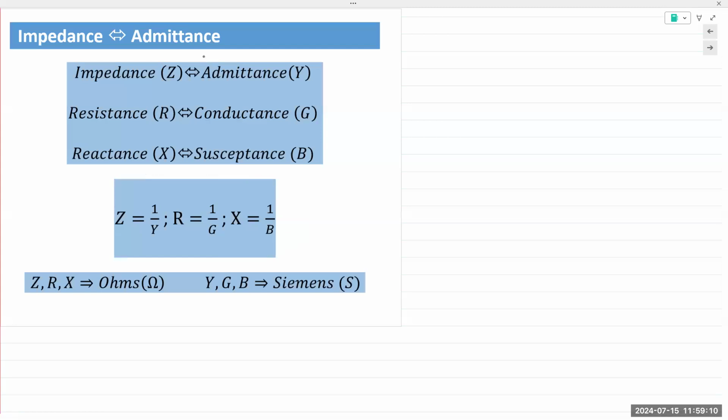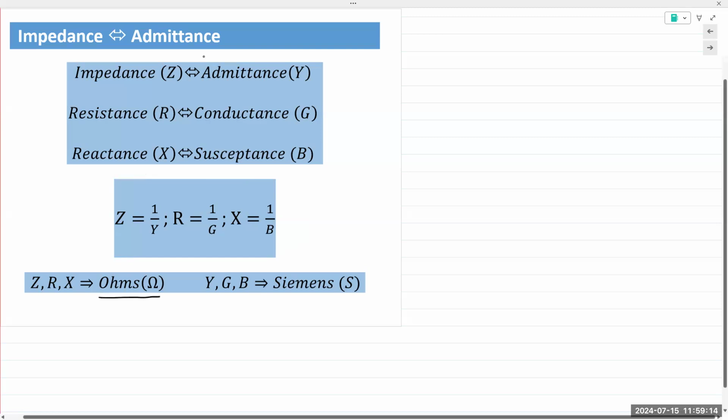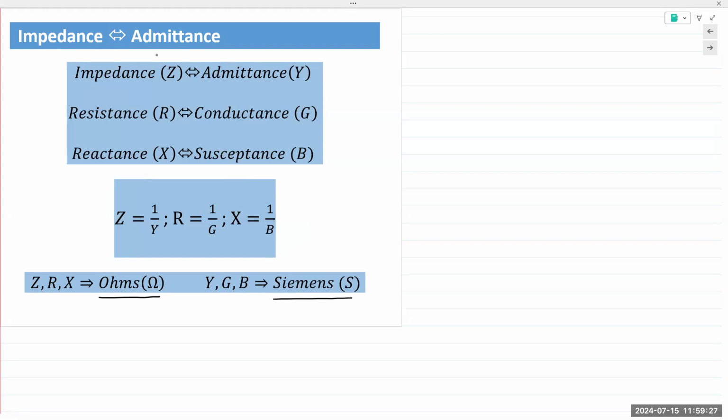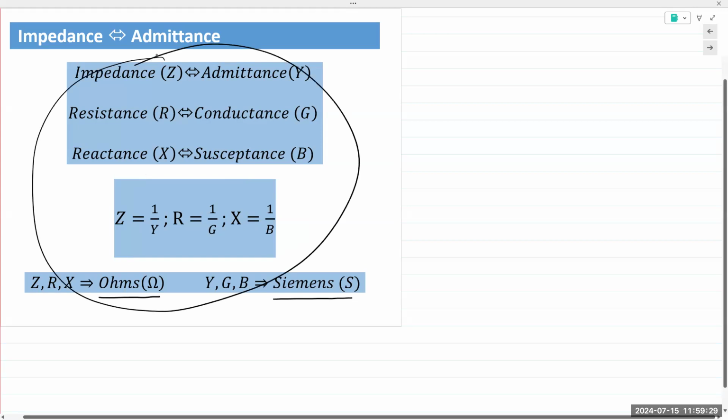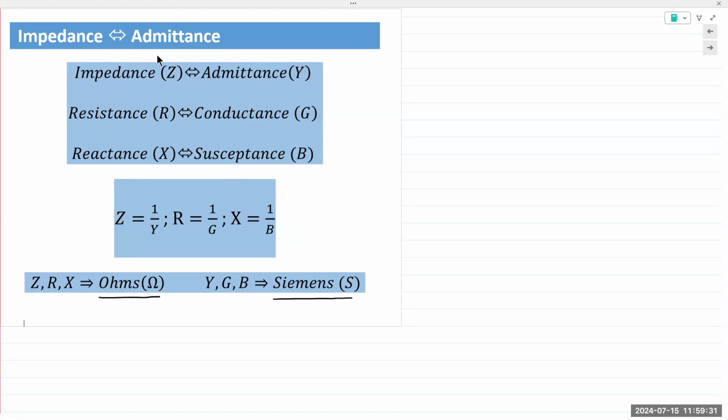And the units for impedance, resistance, and reactance is ohms. The units for admittance, conductance, and susceptance is Siemens. It's named after the German physicist and researcher Siemens, noted by S. There is a lab that uses admittance, conductance, and susceptance for parallel circuits. But for theory class, this is just for informational purposes, not for anything else.